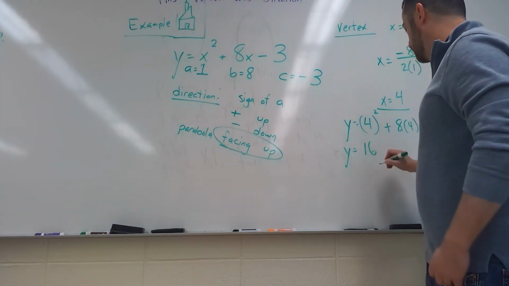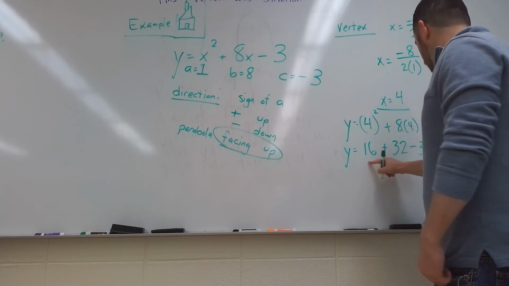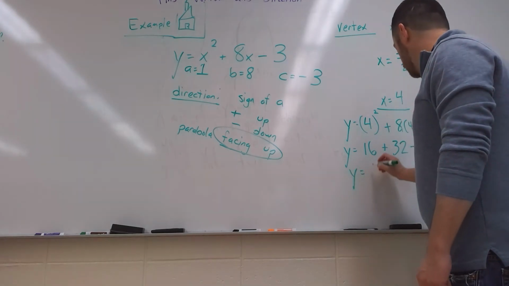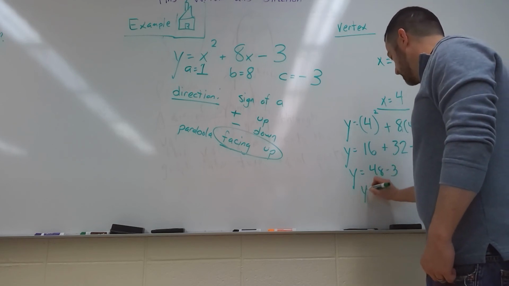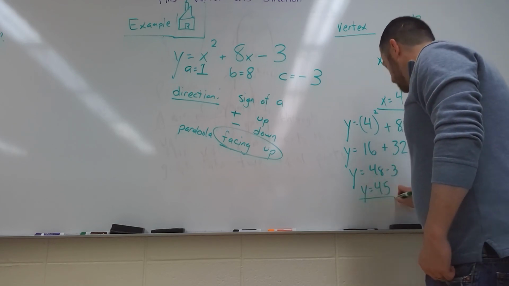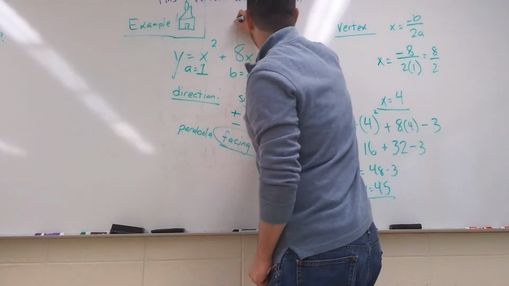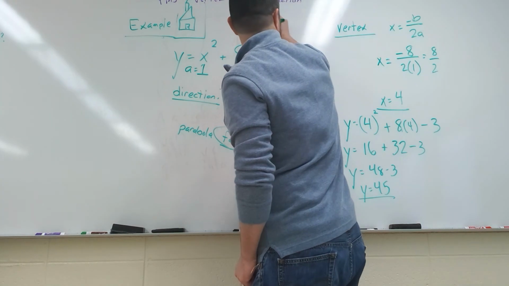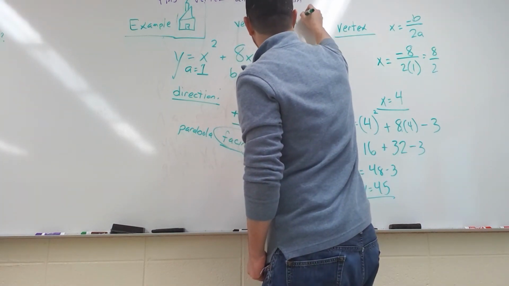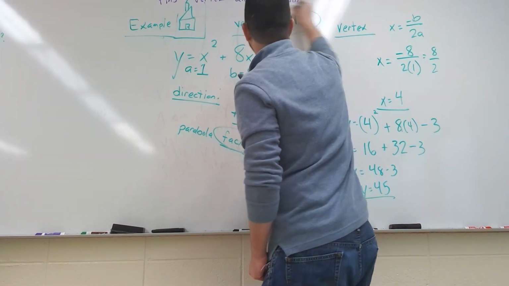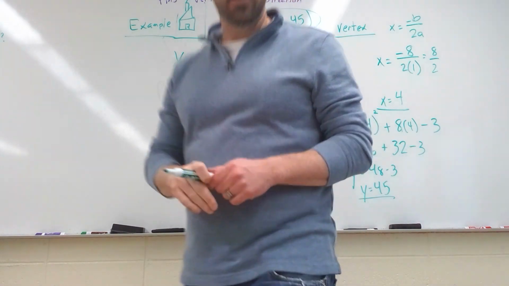PEMDAS says we do our exponent first, then our multiplication, then our addition and subtraction. 16 plus 32 is 48, minus 3 is 45. I'm going to write this as a point, so my vertex is (4, 45). And that's it. Very easy.